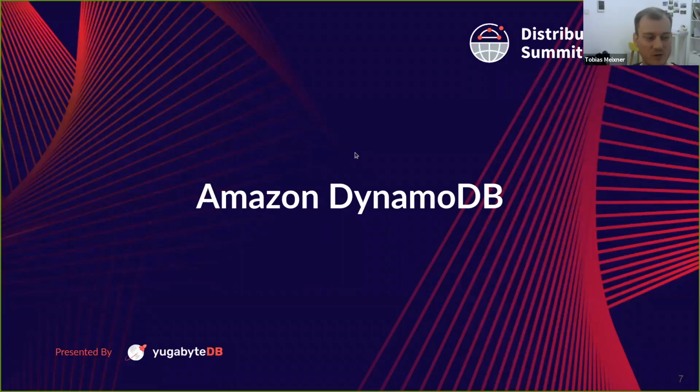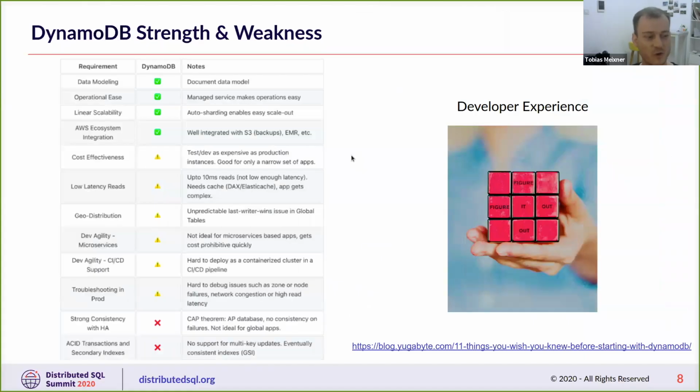So we're using Amazon DynamoDB with GraphQL. And before I explain more about how we use it, I just want to talk about Amazon DynamoDB in general. There's a nice blog article from Yugabyte actually about the strengths and weaknesses of DynamoDB.